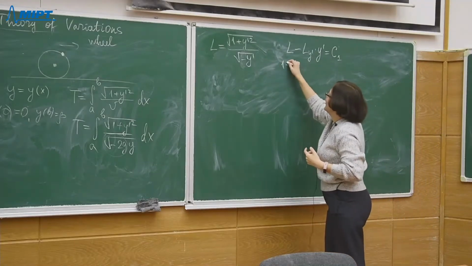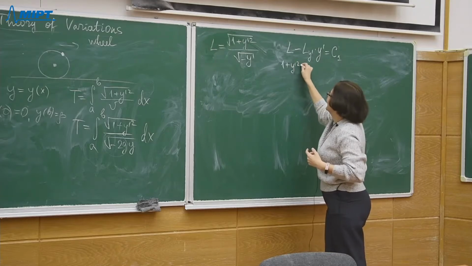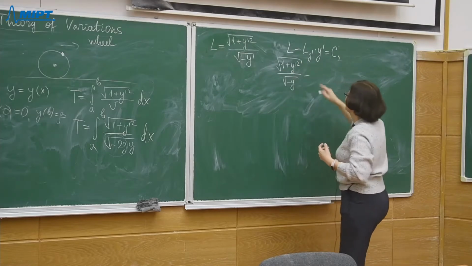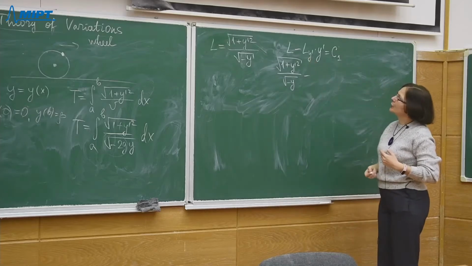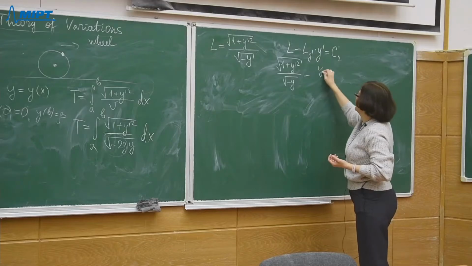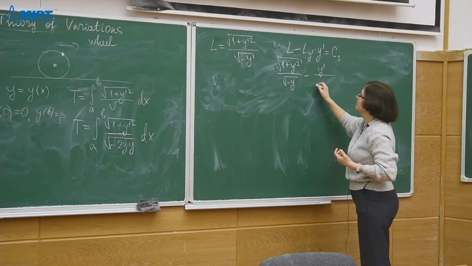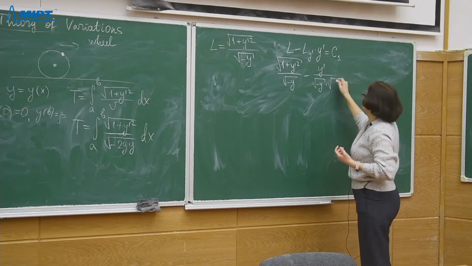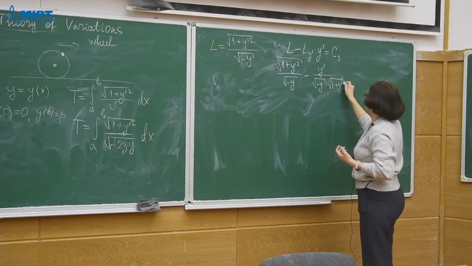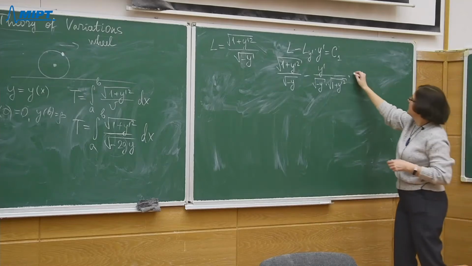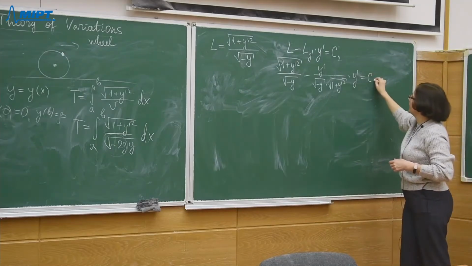Well, root of 1 plus y prime squared divided by root of negative y, minus, the derivative with respect to y prime, which is y prime divided by root of negative y and root of 1 plus y prime squared, times y prime, equals C1.